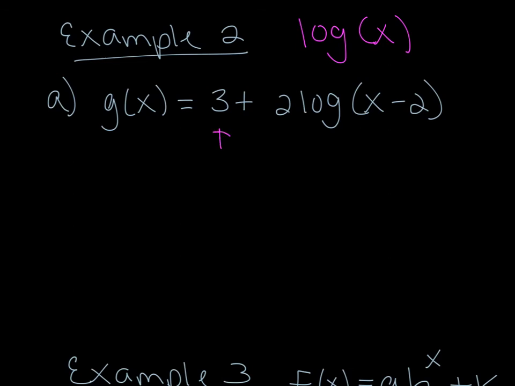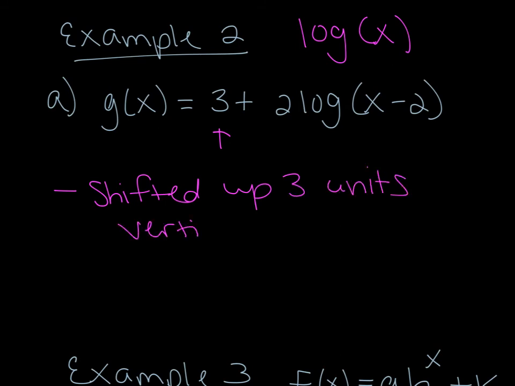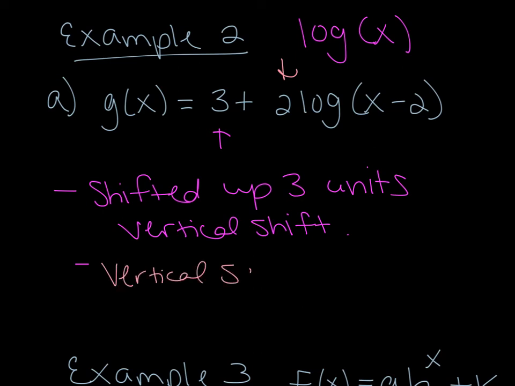First off, I see this on the outside. When that's on the outside, I know that I was shifted up 3 units. This is a vertical shift. The 2 on the outside right here is being multiplied on the outside, which means I have a vertical scale by a factor of 2.